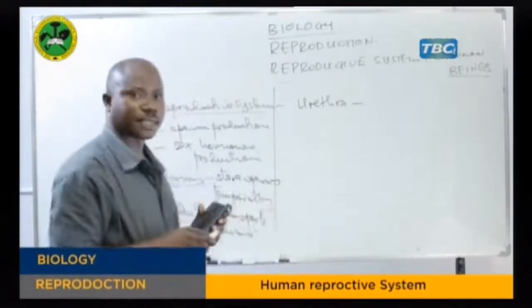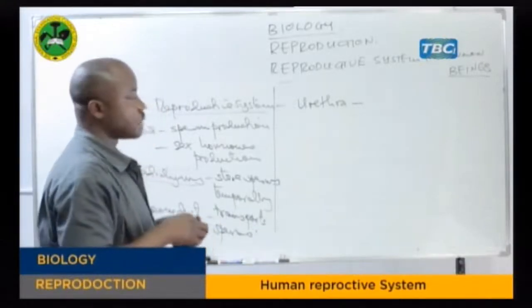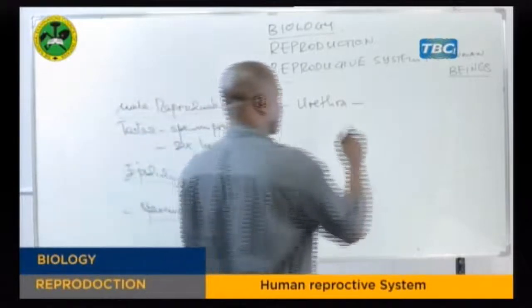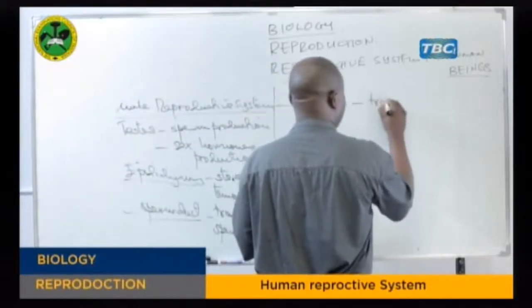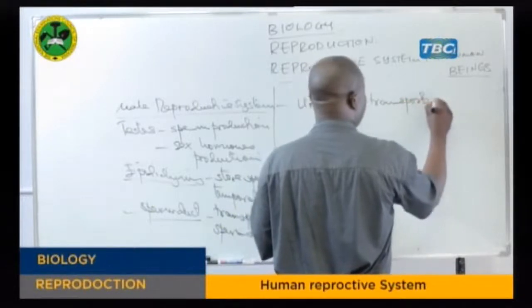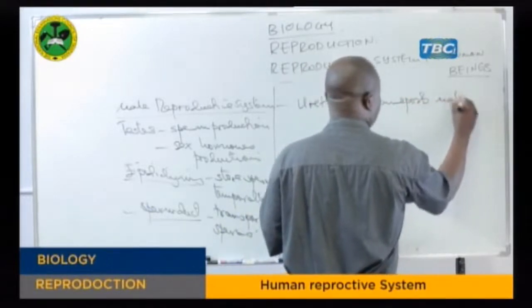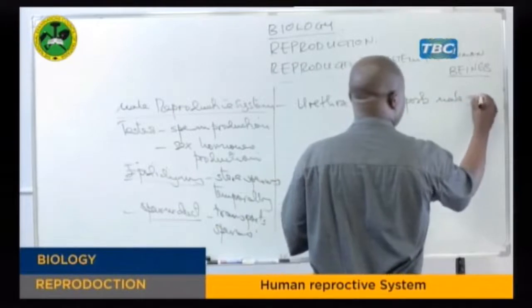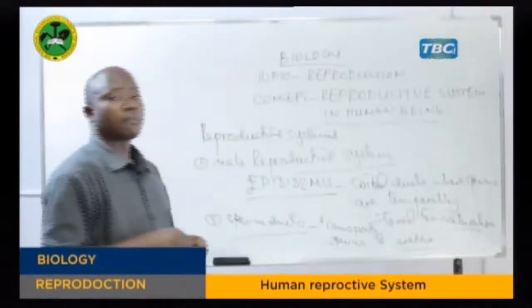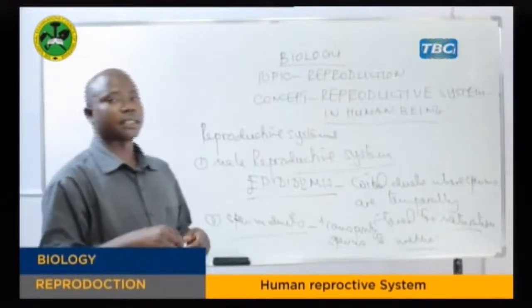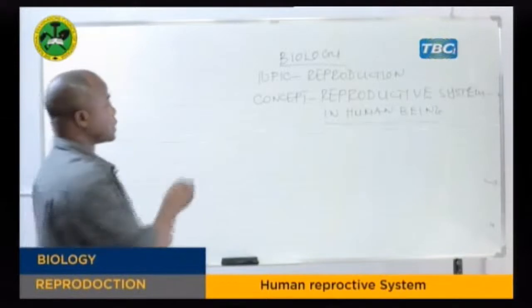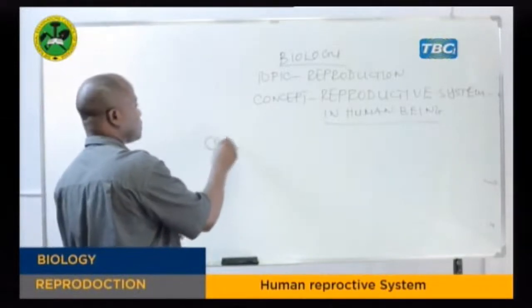The urethra transports spermatozoa from the inner part of the male reproductive system to the female reproductive tracts. But also, within the male reproductive system, there are accessory glands. This includes the prostate gland.